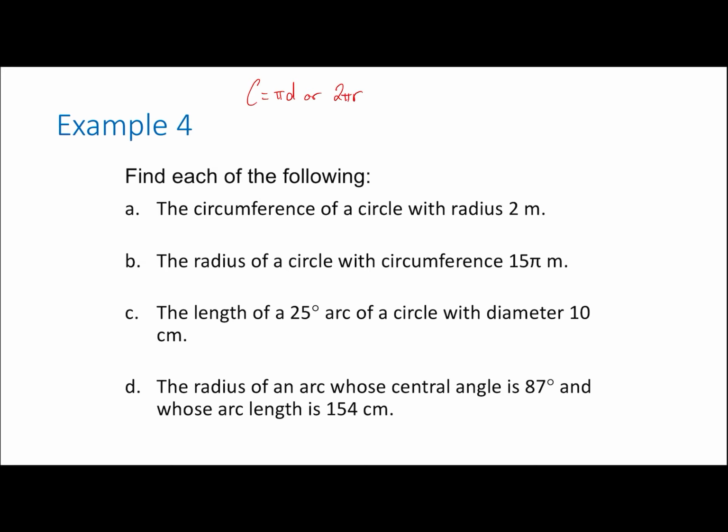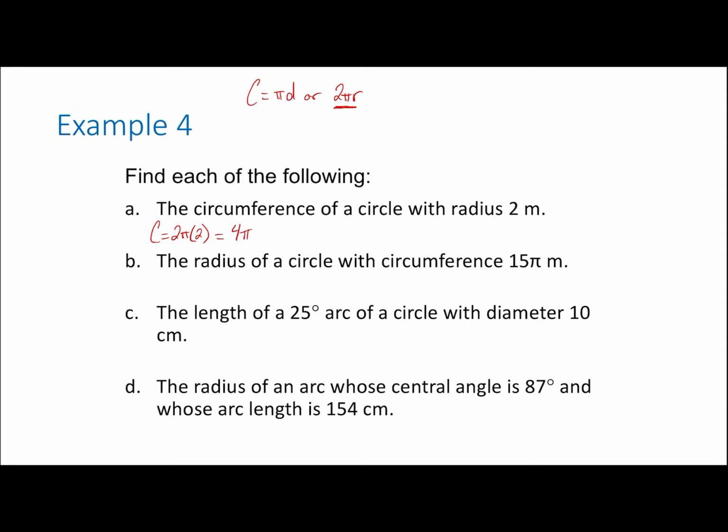And we'll use the arc length in just a minute, and I'll write that down when we get there. So if we're going to find the circumference of a circle with a radius of 2 meters, well, based on our formula, since we have the radius, we can use 2 pi r. And so we're going to say, well, the circumference is 2 times pi times the radius, which is 2 in this case. And so we'll multiply 2 times 2, and we get 4 pi.